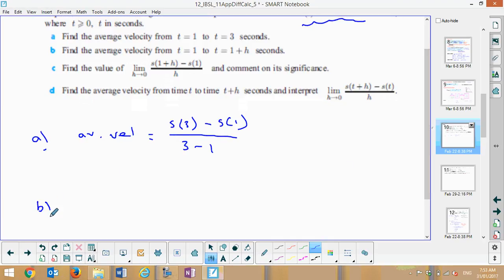In part B, you're asked the average velocity from t equal to 1 to t equal to 1 plus h. Here they're taking you through the steps basically from first principles. Your average velocity will be the displacement at 1 plus h, the final, minus the displacement at time 1.